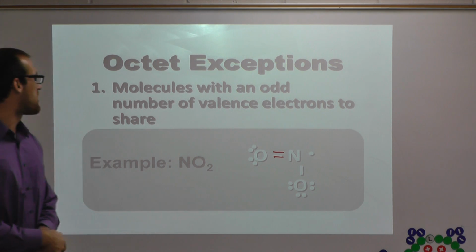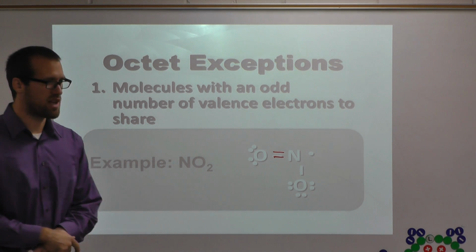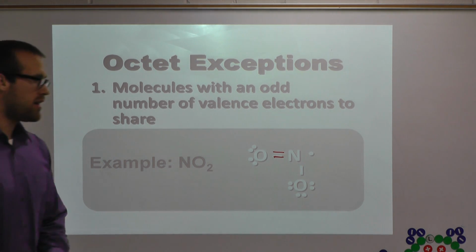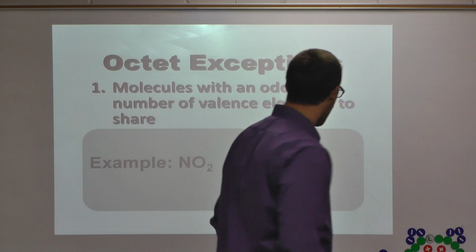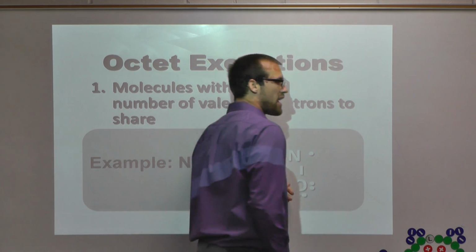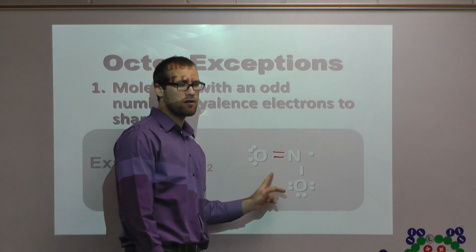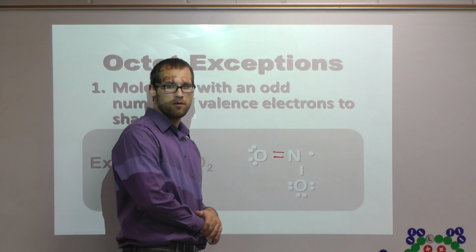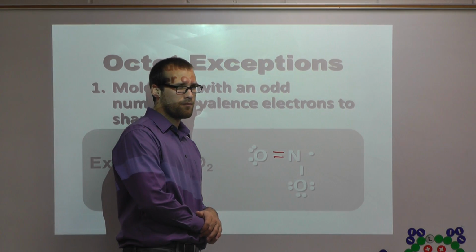So if you look, your 2 oxygens are stable, but what isn't stable? Nitrogen. Now, here's the thing. For this to exist, what has to be true? The whole thing has to be lower energy than before.